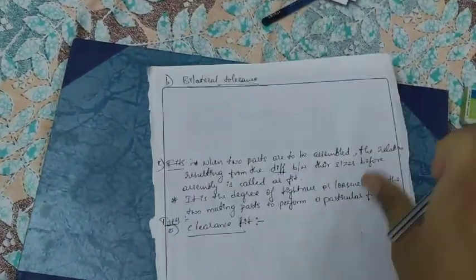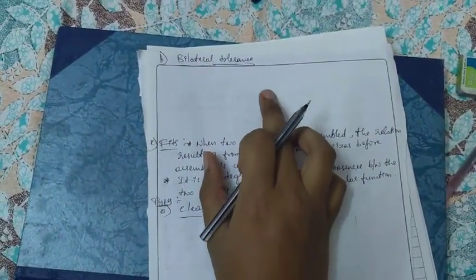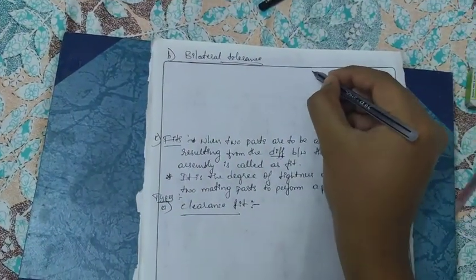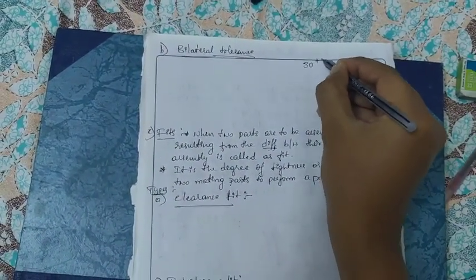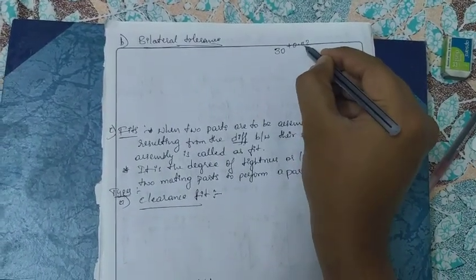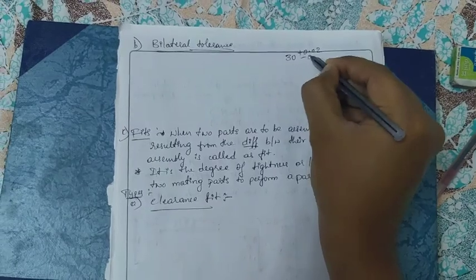Next, the bilateral tolerance. Bilateral means that one limit of the size is on one side and the other limit is on the other side. For example, 30 plus 0.02 and minus 0.02.